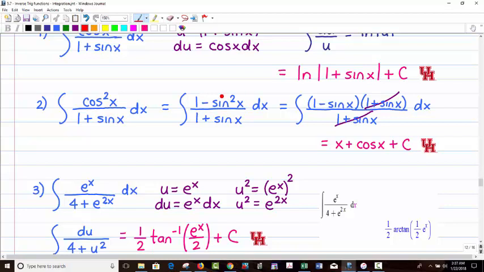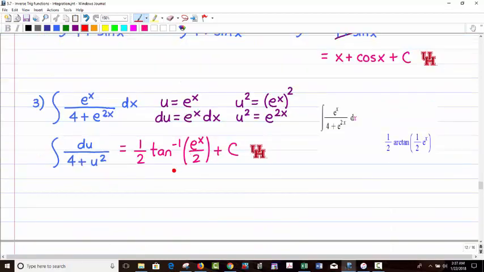You rewrite cos squared as 1 minus sine squared, and then factor it as a difference of two squares. Then you get 1 minus sine of x, 1 plus sine of x, and those cancel. It's just left with 1 minus sine x. So the antiderivative of 1 is x, and the antiderivative of minus sine of x is positive cosine of x. And so you have x plus cos x plus c.